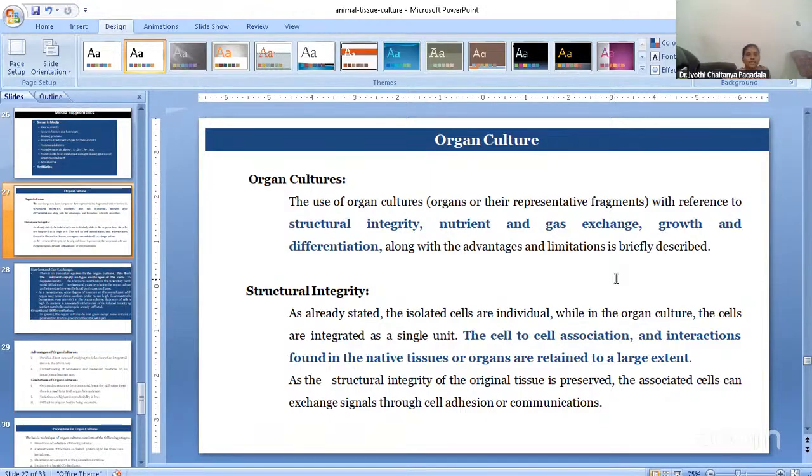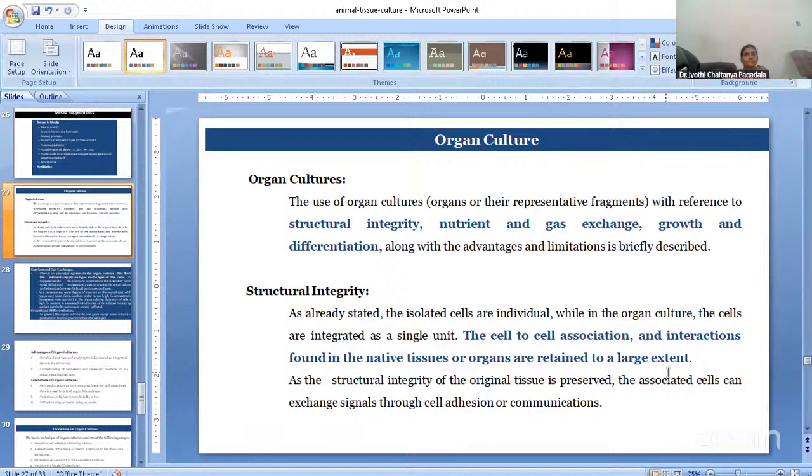The structural integrity means the cell-to-cell associations and interactions found in native tissues or organs are retained to a large extent, as the structural integrity of the original tissue is preserved. The associated cells can exchange signals through cell adhesion or communication.